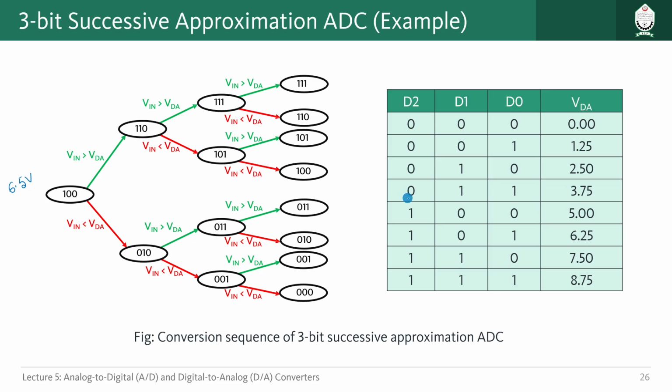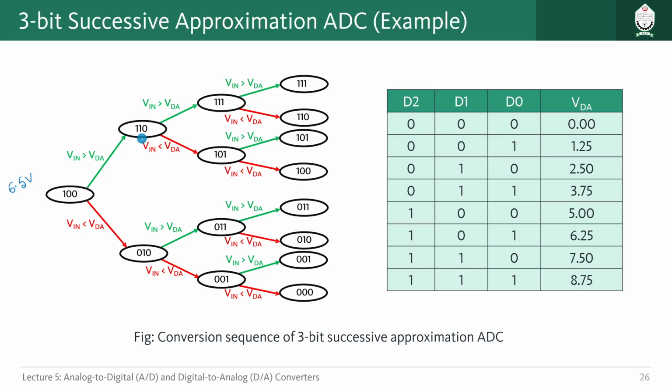It cannot be 0, because if it were 0, then these would be the guesses, and these are lower than the value we have, so we have to increase our guess. So we keep the most significant bit as 1 and move on to the next one, which was 0. Because the input voltage was greater than the one we guessed, we continue from here. So 1 1 0, this is the value guessed by the SAR in the second step, and this will be sent to our DAC, right?